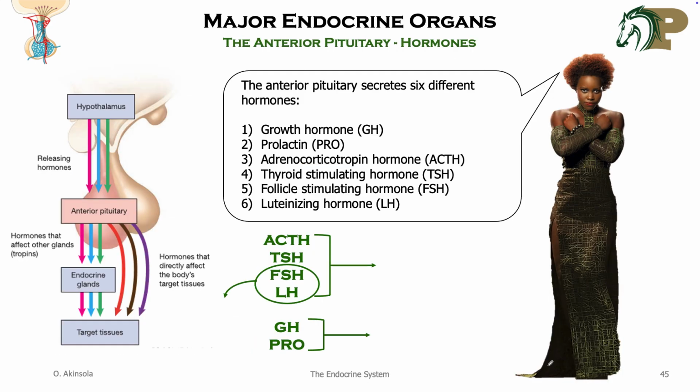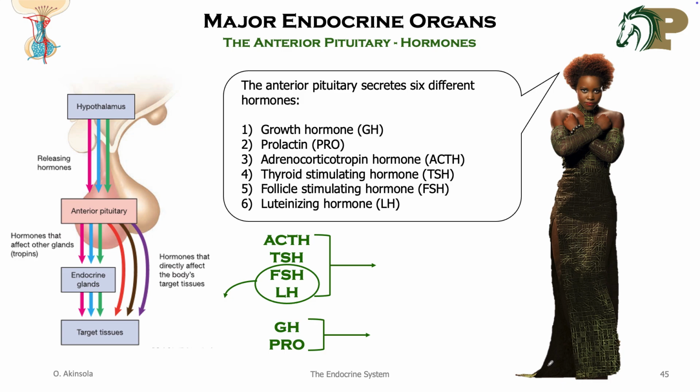And here we have the 6 different hormones secreted by the anterior pituitary. So growth hormone, prolactin, ACTH, TSH, FSH, and LH. So growth hormone, prolactin, adrenocorticotropin hormone, thyroid stimulating hormone, follicle stimulating hormone, and luteinizing hormone.